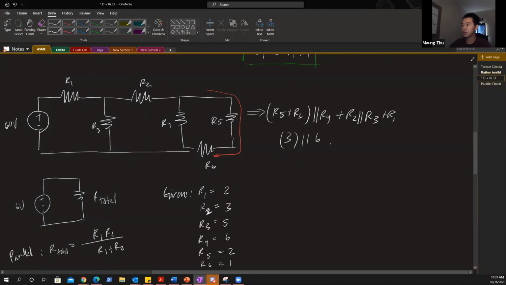So basically what you're gonna do here is 6 times 3 all over 6 plus 3. So what does that give you? 2, right? 6 times 3 is 18, divided by 9 gives you 2. So what you have now is 2 plus R2 in parallel with R3 plus R1. Follow me so far?